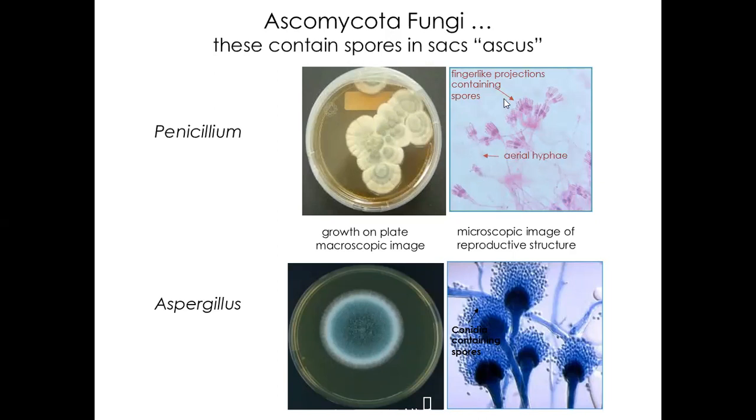And there's a nice up close here of the actual aerial hyphae. You can see these little finger-shaped projections that have the spores. And down here we've got Aspergillus, or Aspergillus, either one's correct. And their spores look like this.